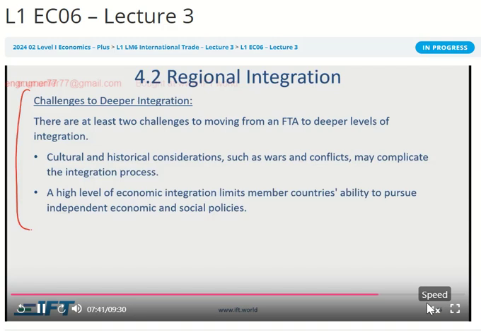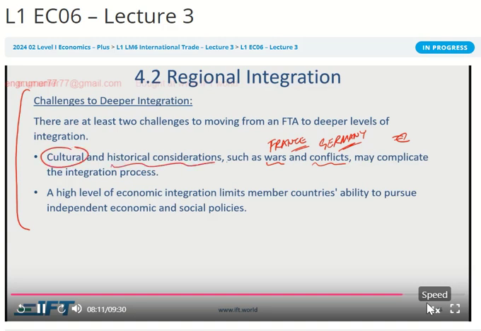So what are the challenges to deeper integration? We're talking about a regional level over here. Even within the region, think of France and Germany. They are so close now, they are in the European monetary union, they even have the same currency, but there is the history they have of World War I and World War II, some differences in culture, and some historical considerations.